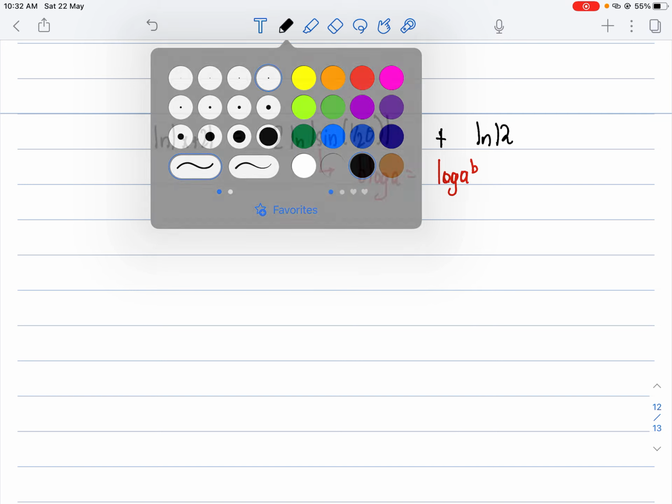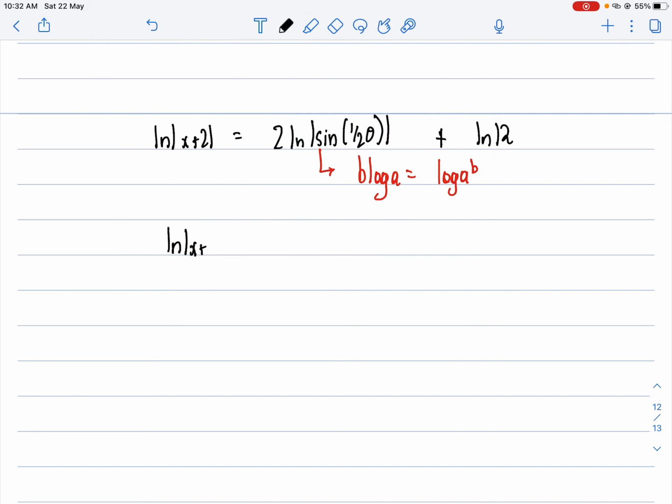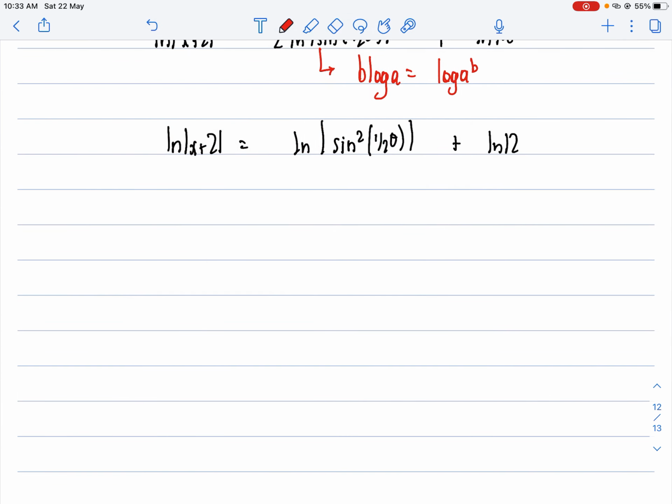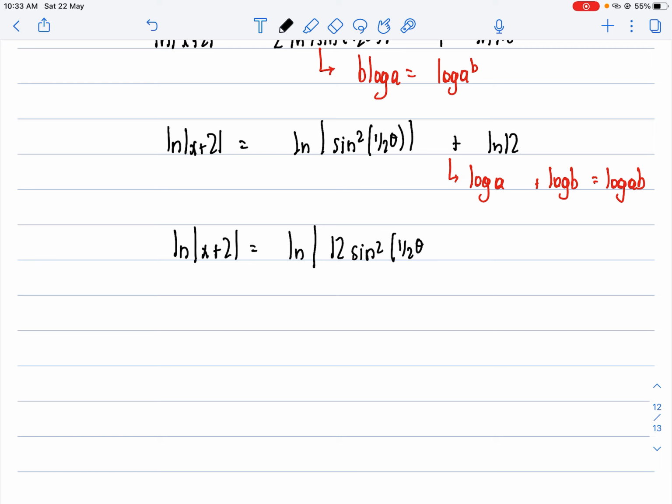So using this property, I can write this as ln x plus 2 equals ln sine square half theta plus ln 12. Now another log property which I can use is log a plus log b equals log a into b. So I can write this as ln x plus 2 equals ln 12 sine square half theta.